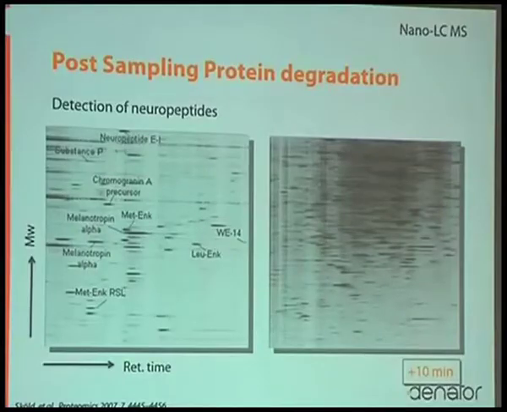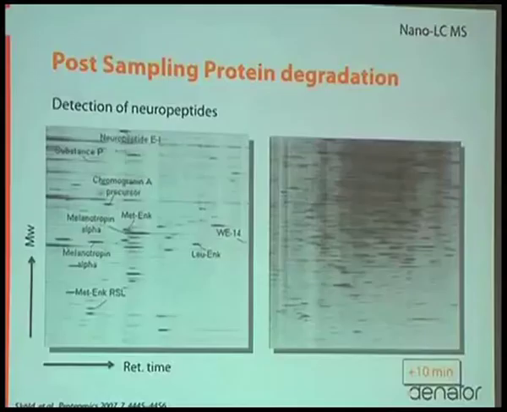And the idea here is that that's where we find, in this case, neuropeptides. This left image has been done from heat-stabilized samples. And we see that the majority of the peaks here have been identified as neuropeptides that you expect to find there.